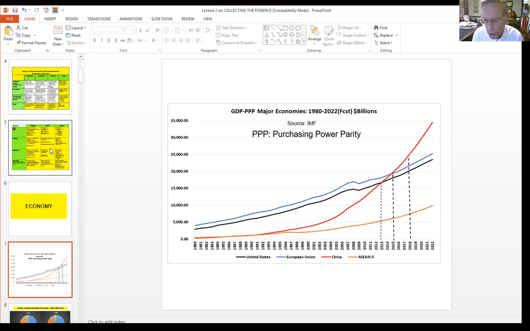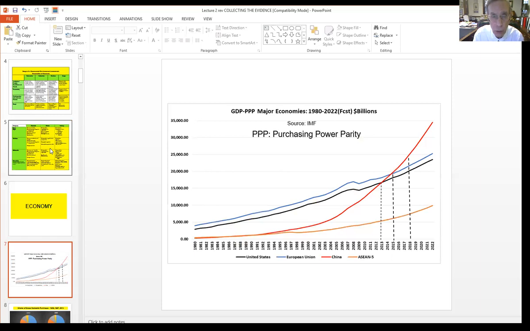The most striking thing in this chart that you should notice is that China's economy, the red line, has grown very rapidly, especially in recent years. And in fact, it crossed the black line, which is the US economy, at the end of 2013.